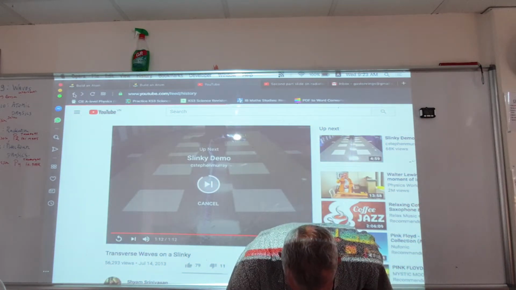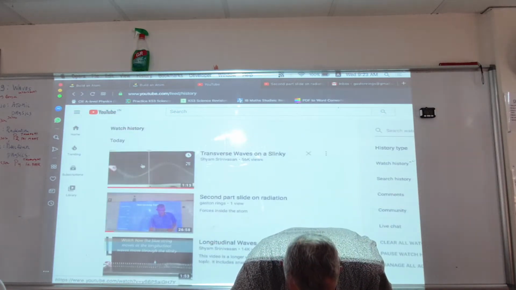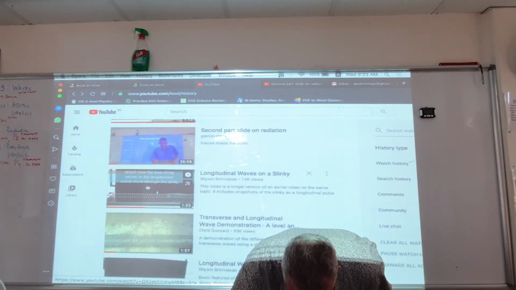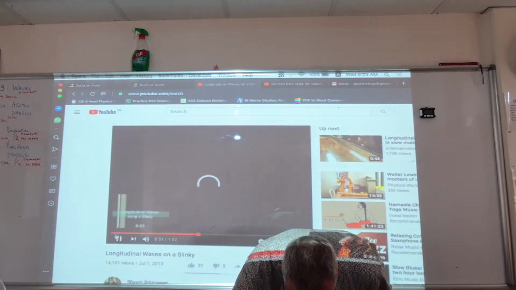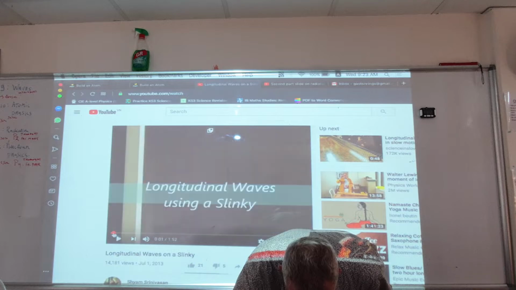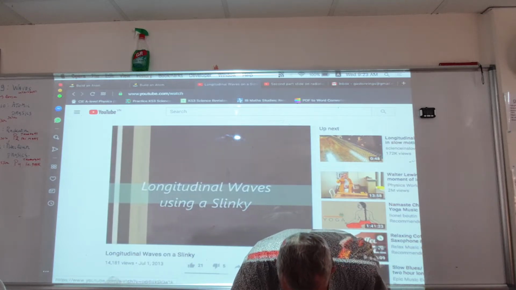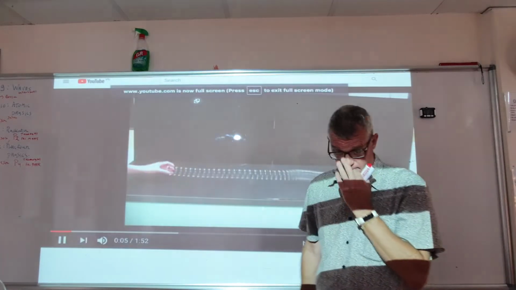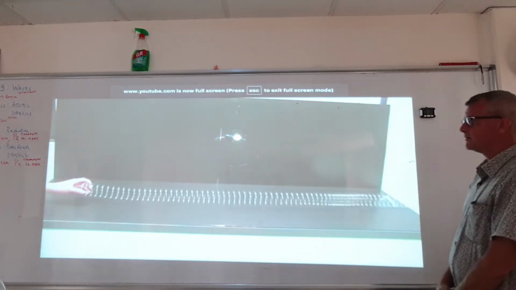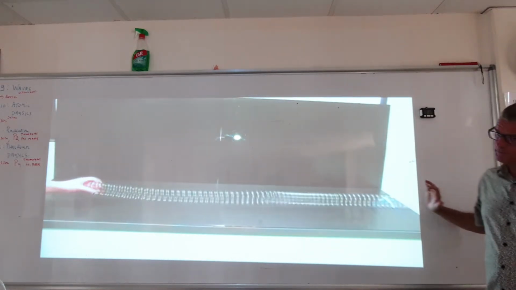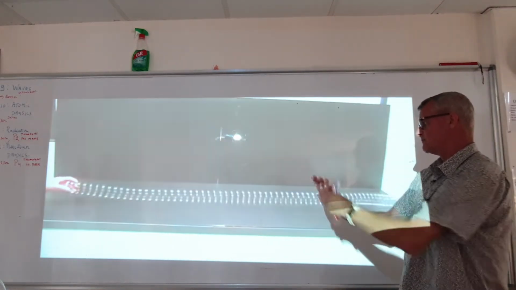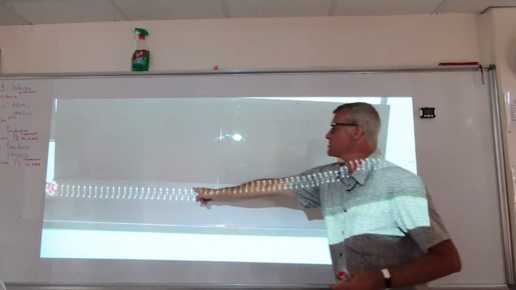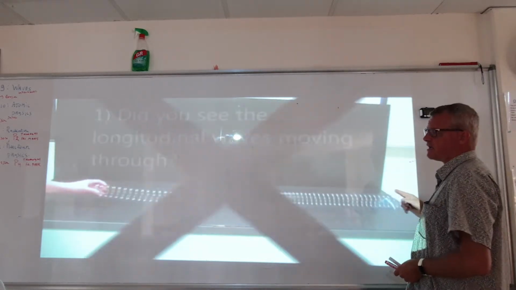Now we're going to look at a longitudinal wave. And we are going to look again at the vibration of the particle. Okay? So with this slinky, like you push it forward, and that is the direction of the wave.